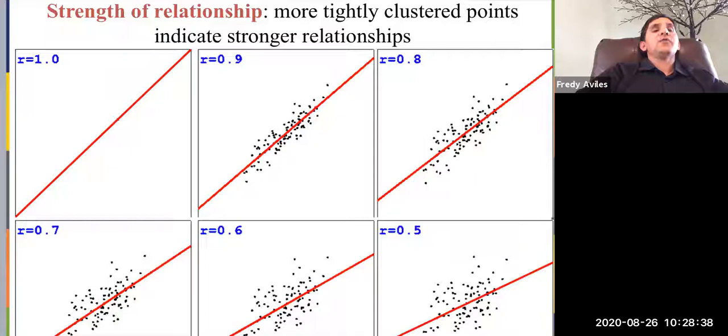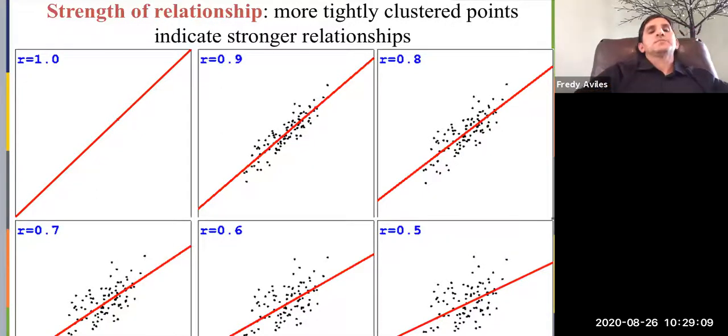This is also a positive relationship. You can see it has a positive slope. It's a positive relationship, +1. So if I know one thing, I know exactly what the other thing is going to be. If there was a perfect positive relationship between weight and longevity, then if I know your weight, I know exactly how long you're going to live.